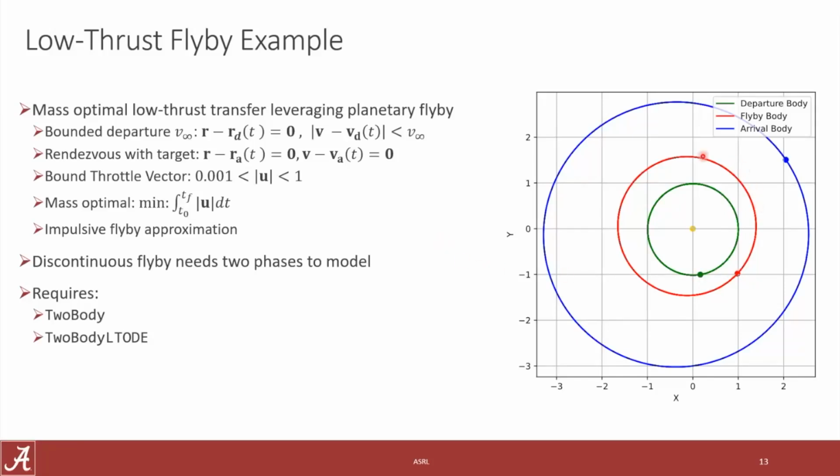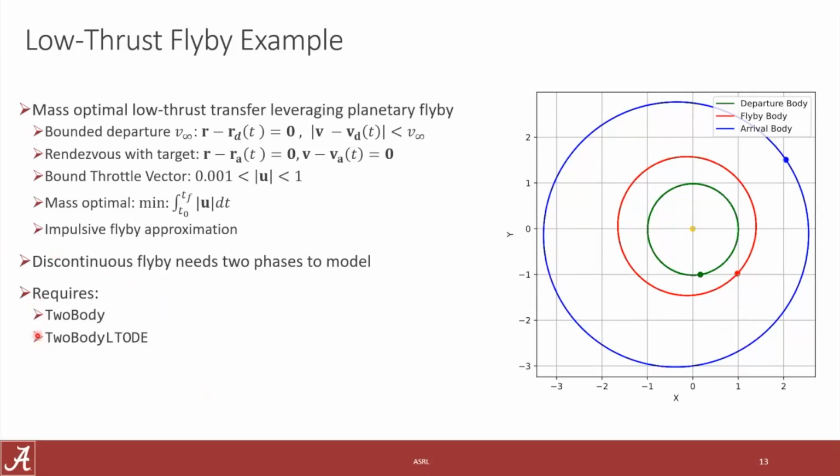This flyby point, where we arrive at the body and then depart the body, is going to be discontinuous. So we're going to have one phase that goes from the departure body to the flyby target, and then another phase after the flyby out to the rendezvous point.